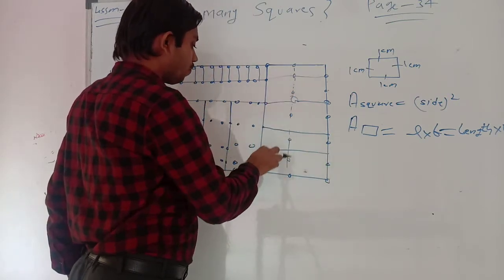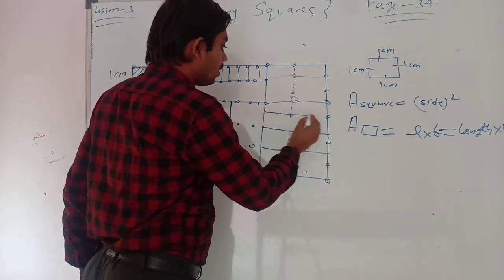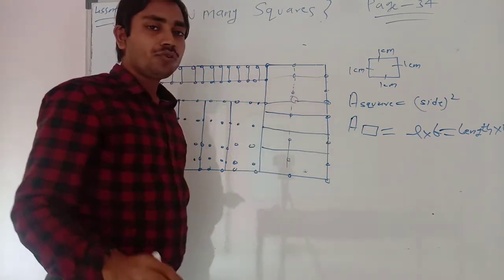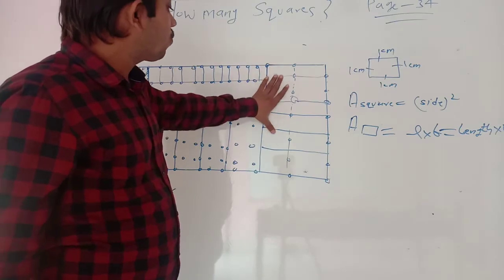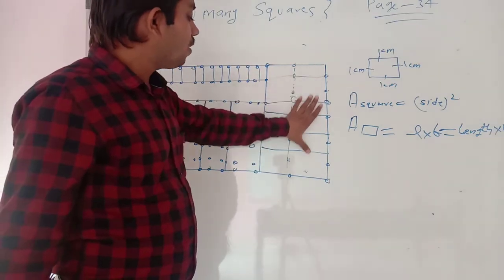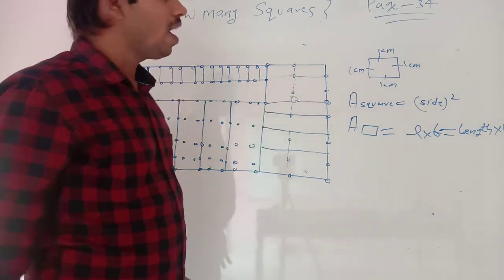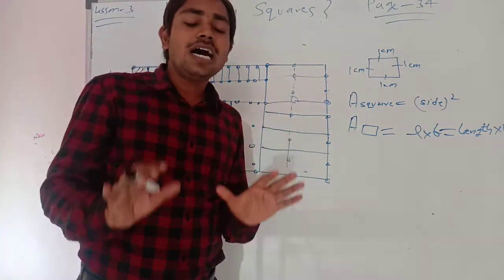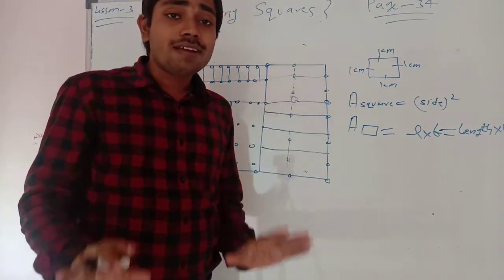One, 2, 3, 4, 5. So one more will come here. 1, 2, 3, 4, 5, 6. So my dear student, there are 6 squares on this side and 6 squares on this side. Total becomes 12 squares. I mean, in this rectangle also, my dear student, there are 12 squares.